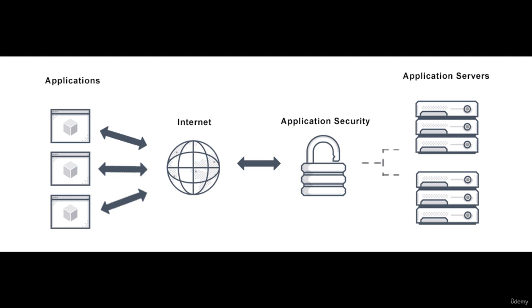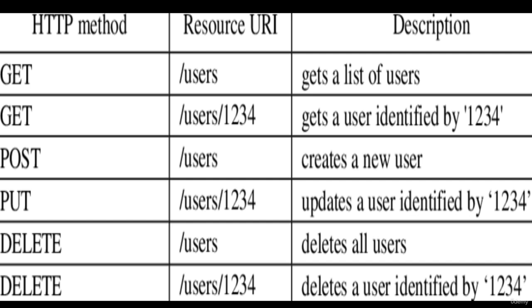So there is some method, HTTP method and resource URL. So what is the resource URL? I talked about it in a previous video. And the description, actually how all these three things are connected: HTTP method, GET, POST, resource users, then GET users lists users.